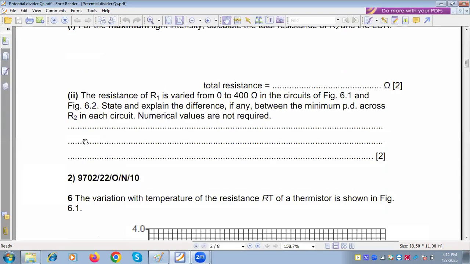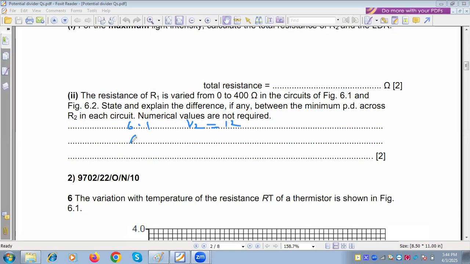Okay, so what we will write here: the potential difference across R1 in the first case, figure 6.1, V2 was 12 volt.